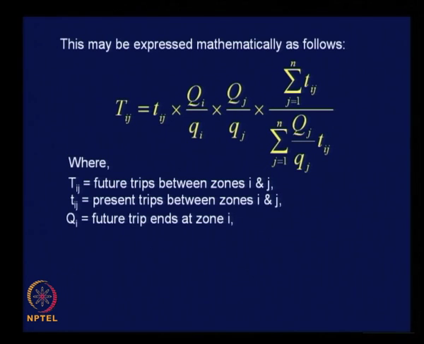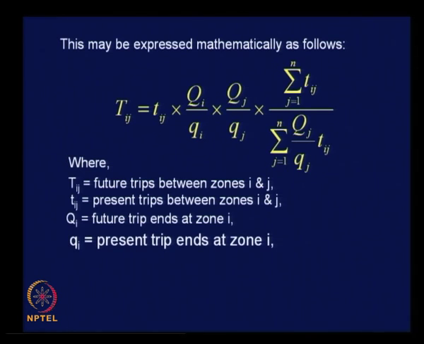Qi is known to us, and small qi is the present trip ends at zone i. Obviously, it is known, we collect data on qi, is it not? And Qj, future trip ends at zone j, that is also known to us by the prediction process, trip attractions.